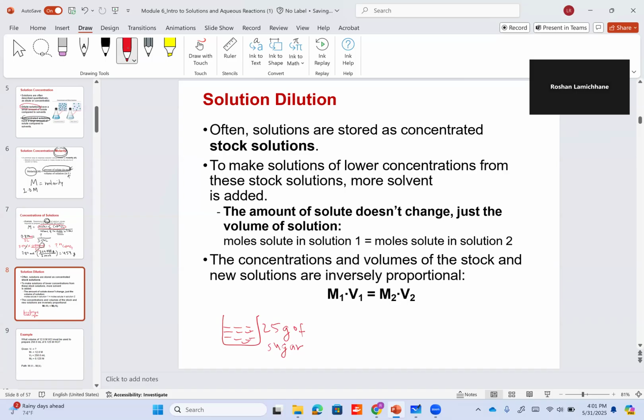So let's assume that it was 300 ml solution. So what I can do is add, so let's go ahead and add 100 ml of water.